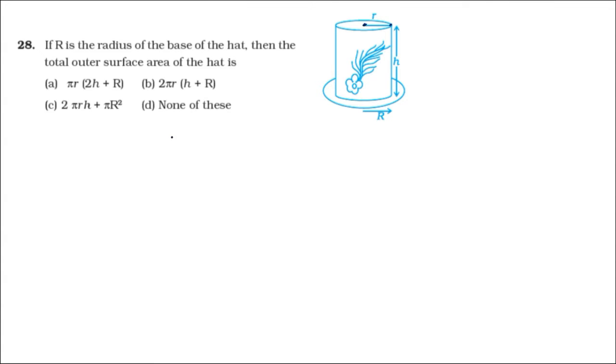To find the total surface area, I need to divide the area into parts. TS is the total surface area of the hat, which is curved surface area added to the top surface area plus the bottom surface area.